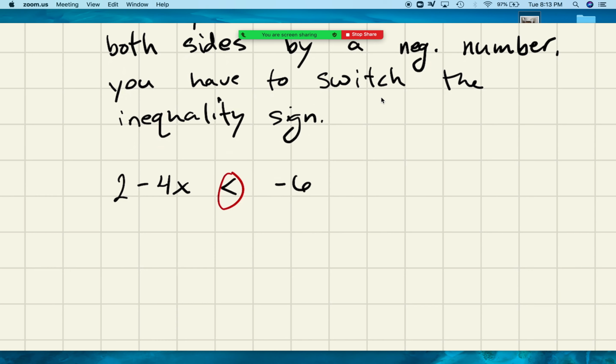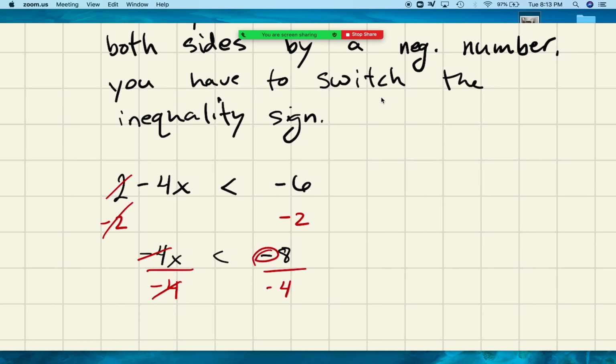I'm just pretending that's an equal sign, so I'm doing all the same steps. Farthest away from x is what I deal with first, so I do minus 2, minus 2. That goes away. I carry down negative 4x less than negative 8.